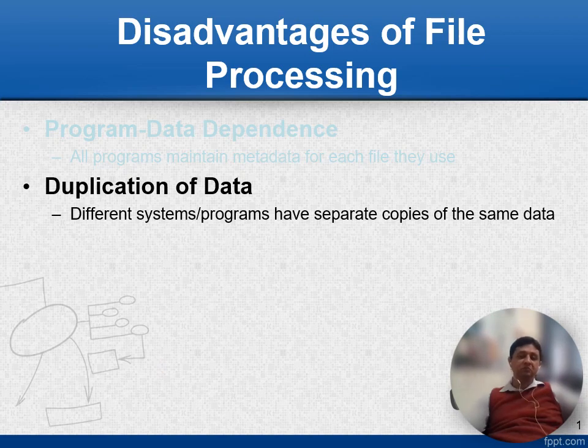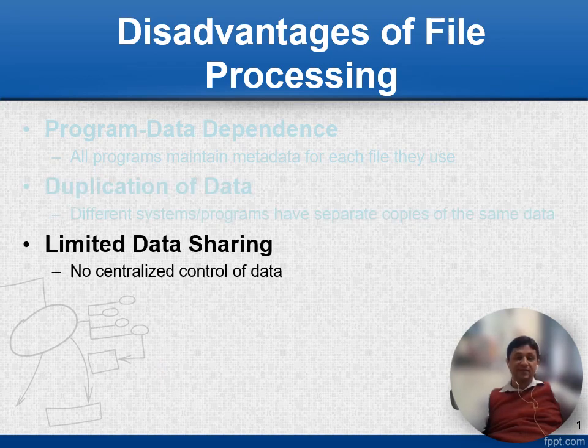We can visualize one unit of data as one representation of one object, but in the file processing systems there were incidents where we had to keep more than one representation of one object. So that is basically duplication of data, and that was there in the file processing systems.